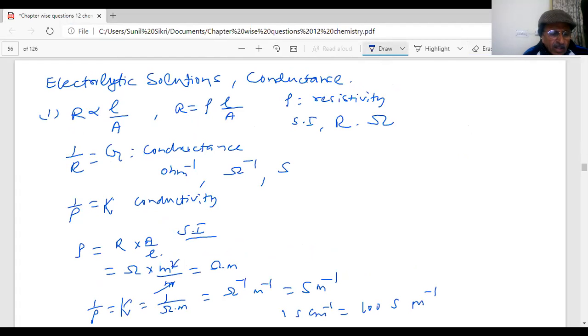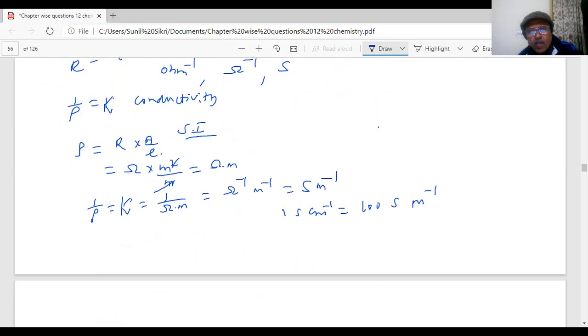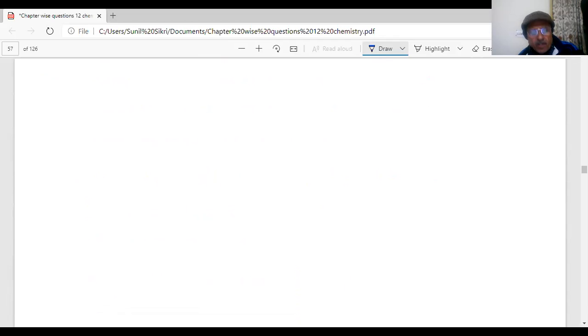These are some of the formulas which we are revising for solving the numerical questions used in the chapter on conductance and conductivity, students. Some values of conductivity were given for conductors, insulators and so on. Kappa, the conductivity, is in Siemens meter inverse.